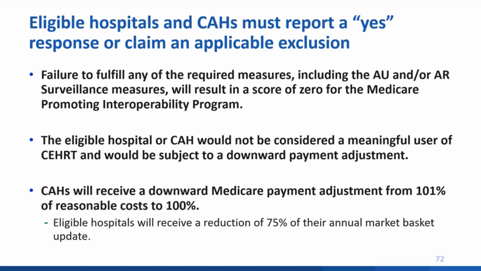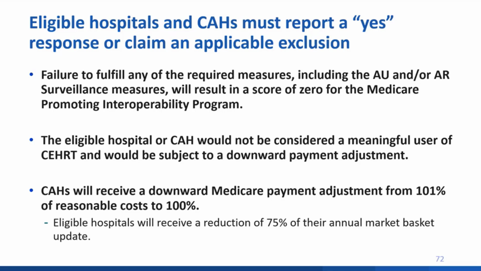Failure to fulfill any of the required measures, including the AU and/or AR surveillance measures, will result in a score of 0 for the Medicare Promoting Interoperability Program. In such cases, the eligible hospital or critical access hospital would not be considered a meaningful user of the certified electronic health record technology and would be subject to a downward payment adjustment.